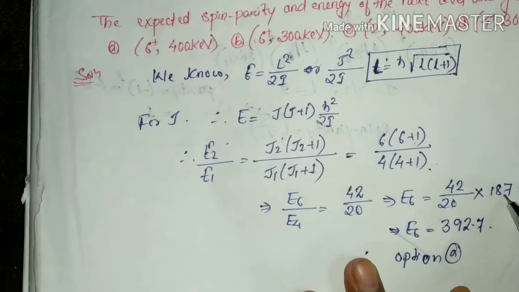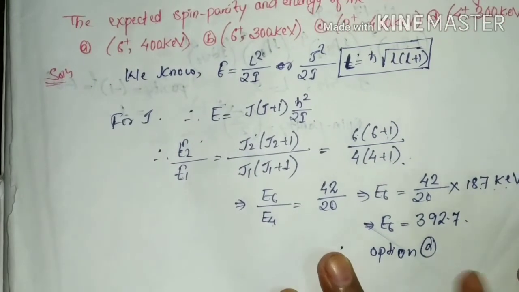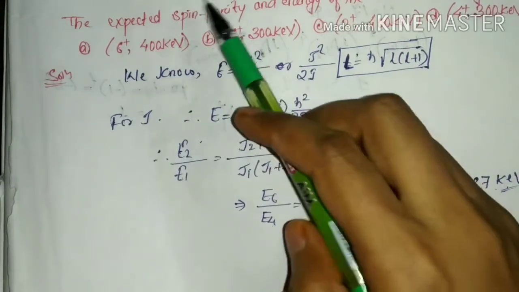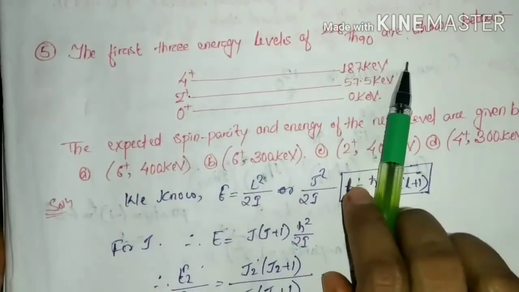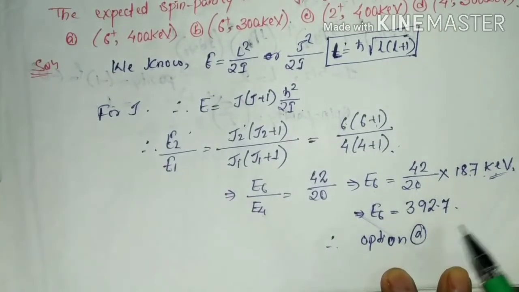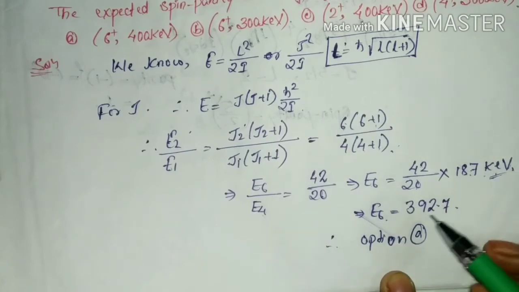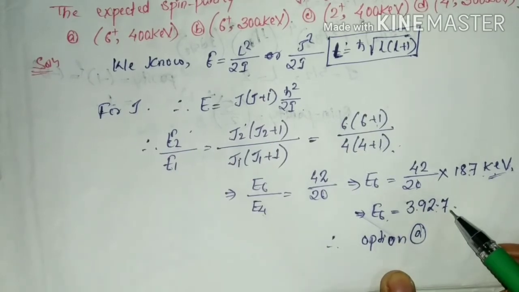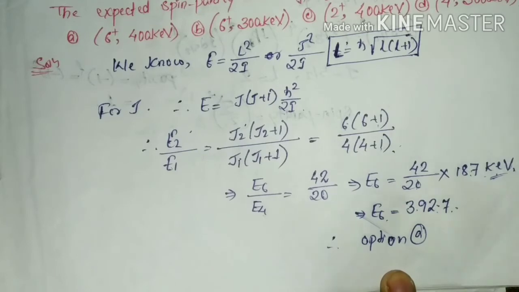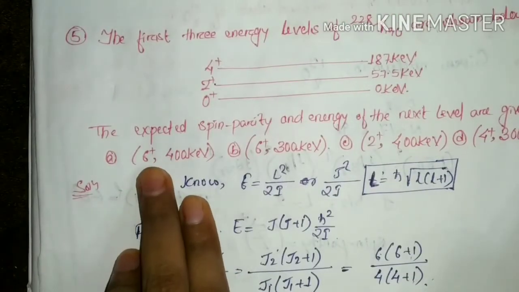The energy of E4 is 187 keV. On solving, you will get the energy of the next level as 392.7, which is approximately 400. So the correct option is option A.